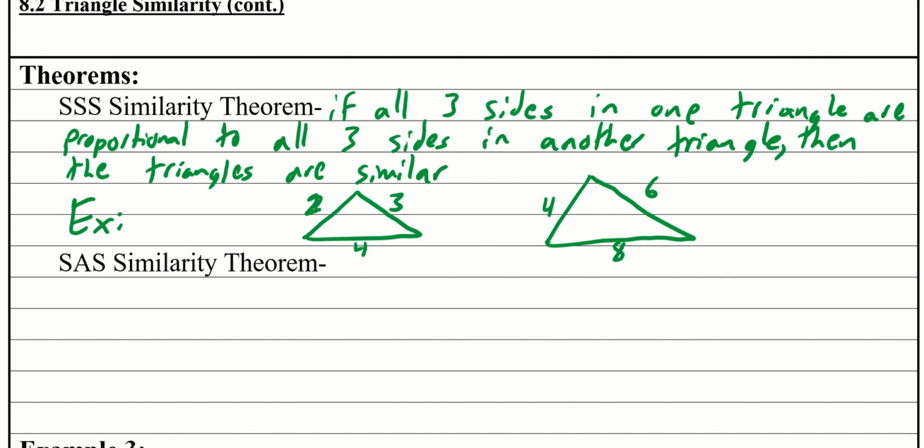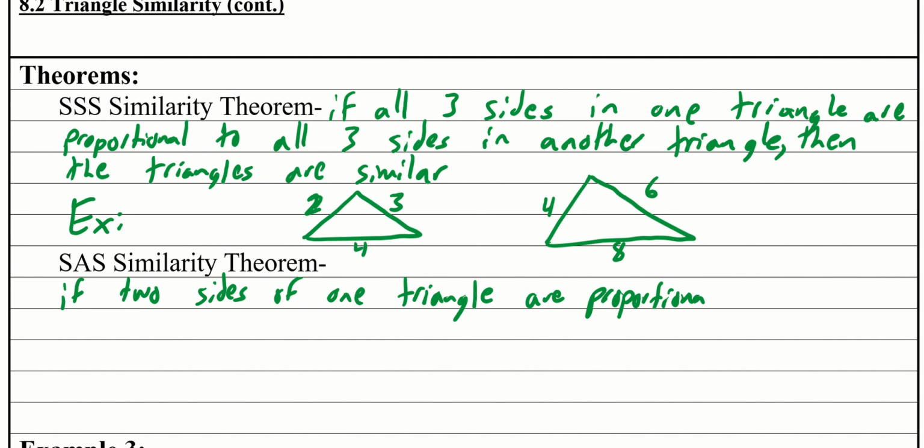The other one that we have, similar to that, is side, angle, side, and it's kind of like you would guess. I'm going to write this down here. I'm going to say if two sides of one triangle are proportional to two sides of another triangle, and then I'm going to add one more thing because we're forgetting the angle piece.